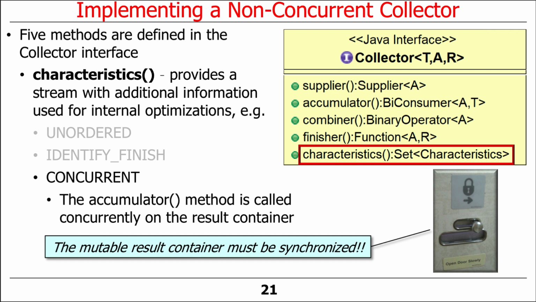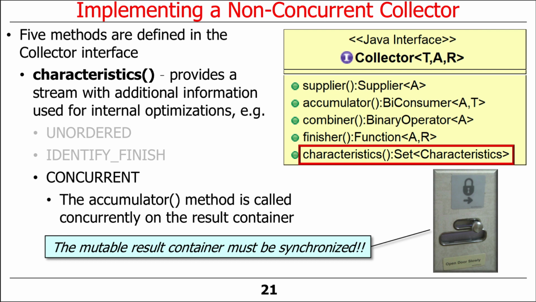So the implication is that if the concurrent characteristic is set, then the implementer has to make sure that the mutable result container is properly synchronized. So it might have to use a concurrent hash map, or a concurrent list or something like that.